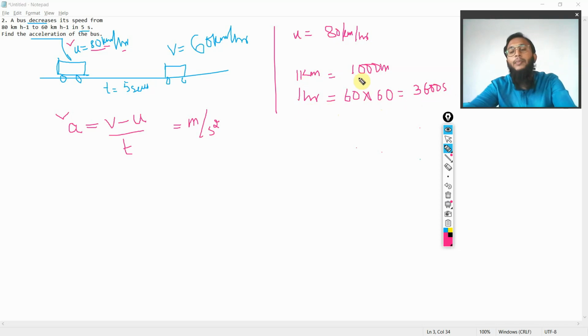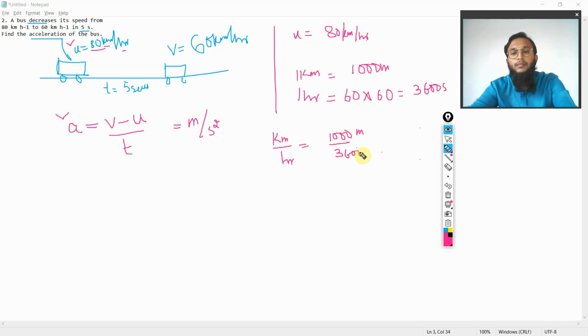We got that 1 kilometer has 1000 meters. Let's try to convert 1 kilometer per hour. Instead of kilometer I will write 1000 meters here, and 1 hour has 3600 seconds.